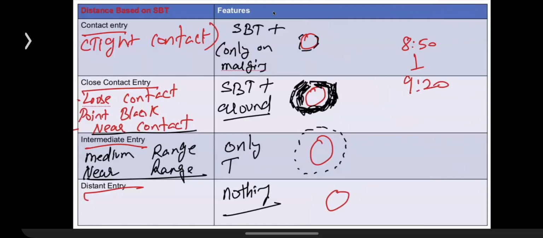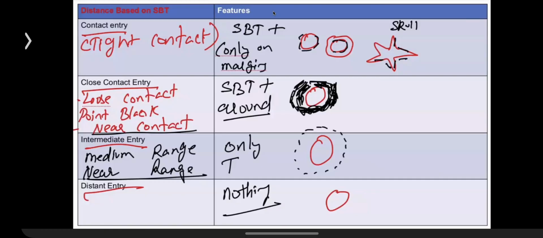So here sometimes there can be muzzle imprint like this. Sometimes on the skull, there will be a wound like this, or with some blackening, or bursting of skull.